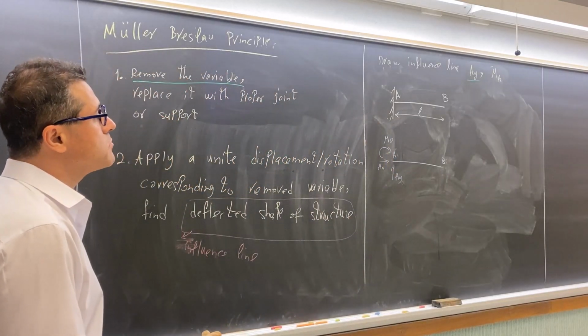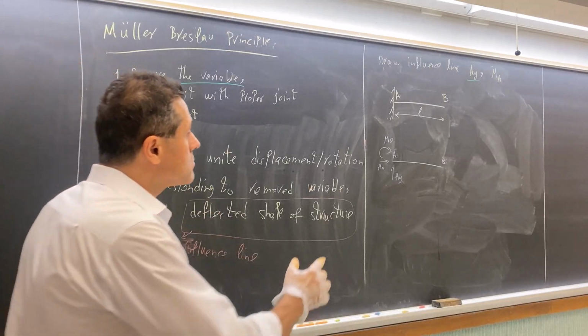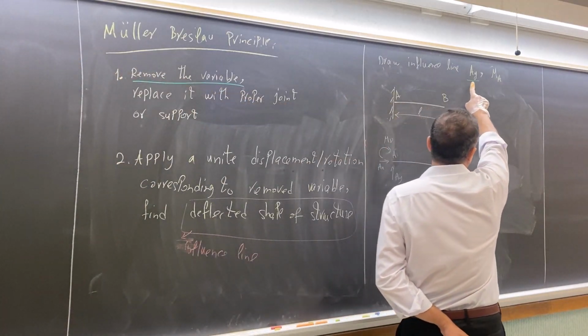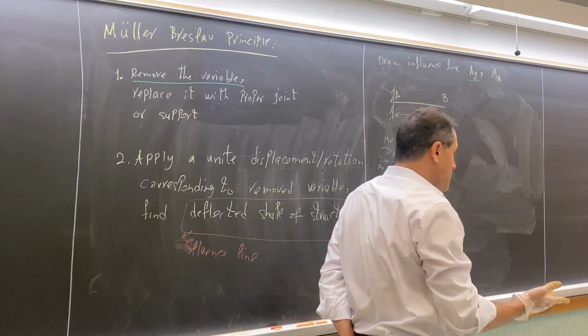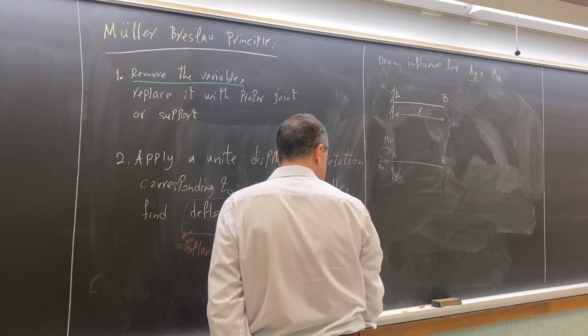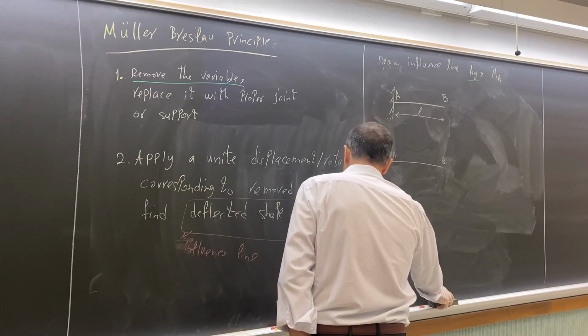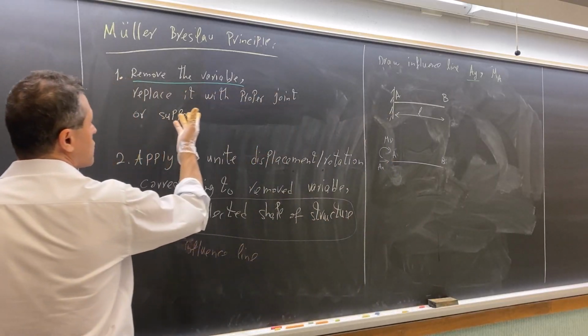Which one shall we remove? AY, right? So if I remove AY, I just cross it out like this, and I just erase it so we don't have it. Now, it says replace it with a support or joint.